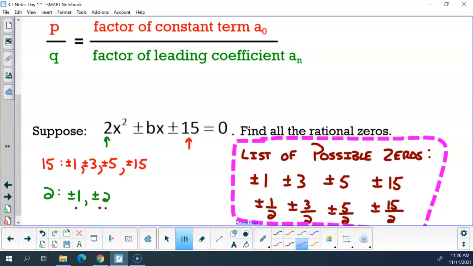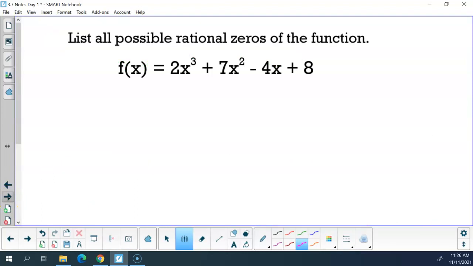But we've narrowed it down, and now we can figure stuff out with that. Try one on your own. Give me the list of all of the possible rational zeros of this function.